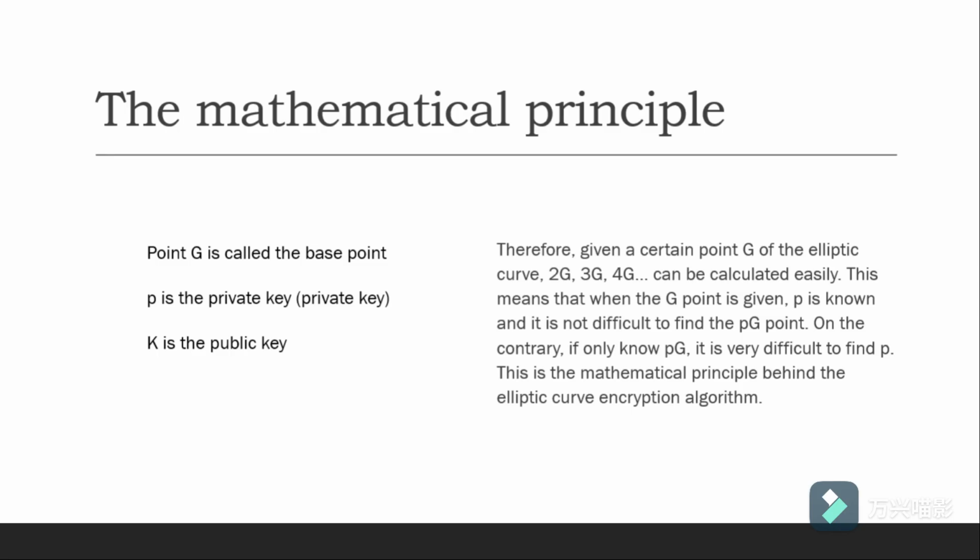That means when the G point is given and P is known, it's not difficult to find the PG point, which is the public key K. On the contrary, if we only know G and K, it is very difficult to find P. So this is the mathematical principle behind the ECC algorithm.